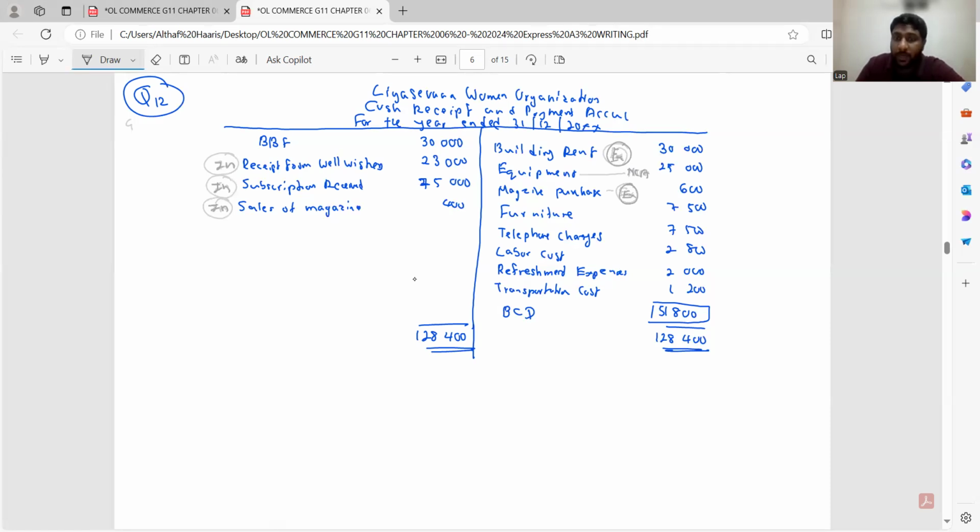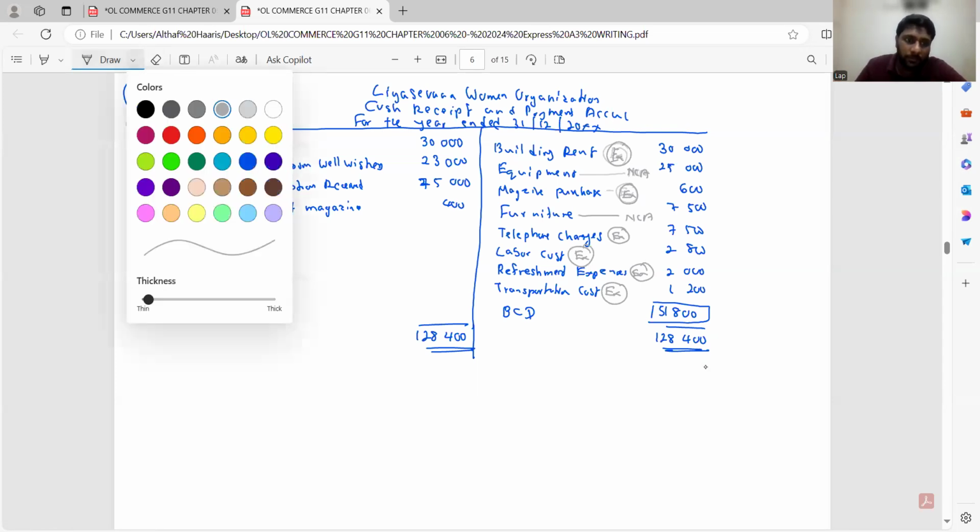Furniture also is a non-current asset, don't take it. Telephone charges expense. Labor cost expense. Refreshment expense. Transportation expense. So we understood the income connected things and the expense connected things. Now we'll prepare the income statement.